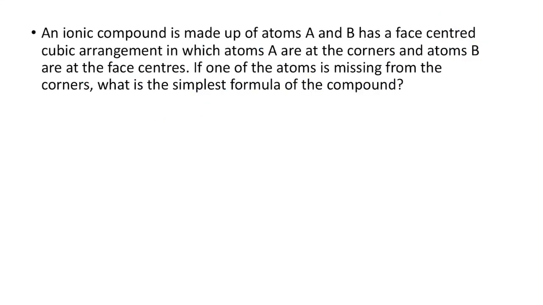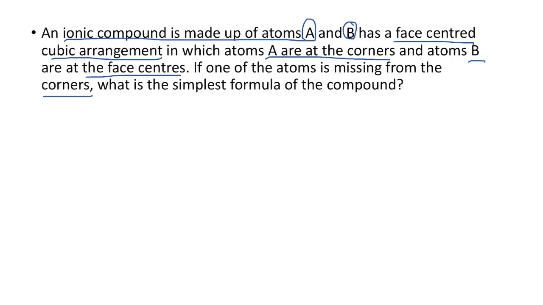Let's solve this question. An ionic compound is made up of atoms A and B and has a face-centered cubic arrangement. Atoms A are at the corners and B at the face centers. If one of the atoms is missing from the corners, very good, nice question, what's the simplest formula of the compound?